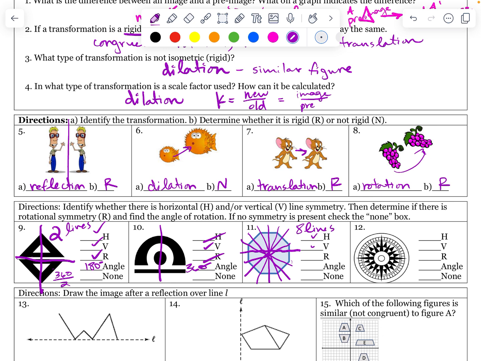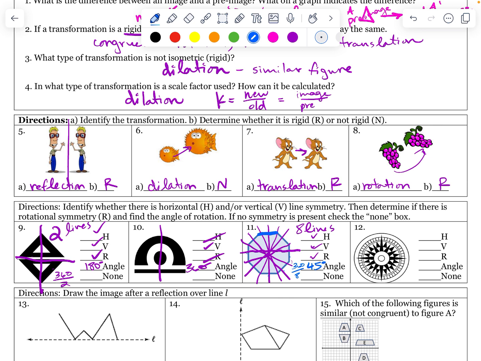And it's definitely going to have rotational too. So let's see. It's an 8-sided figure. So every time this guy is on top, it's going to look the same. So 1, 2, 3, 4, 5, 6, 7, 8. So 360 divided by 8, I don't know that off the top of my head. 360 divided by 8 is 45 degrees.